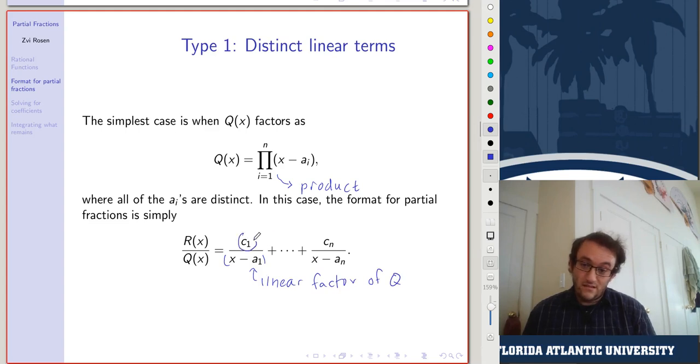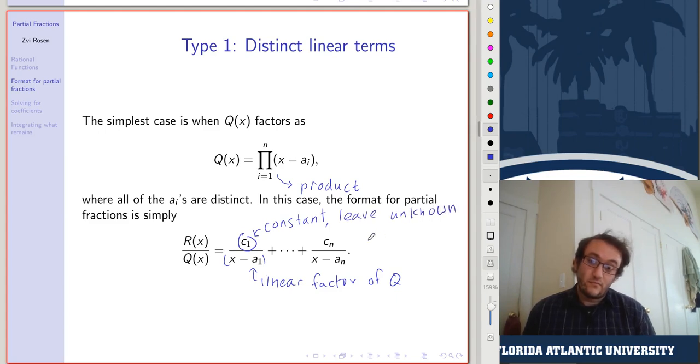And this is a constant that we'll solve for later. Constant, leave unknown until later. Okay, and clearly the same is true for this and for this.